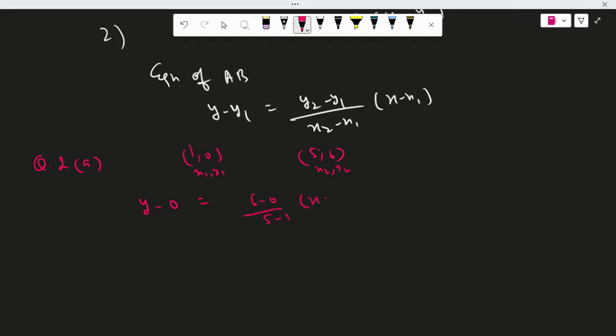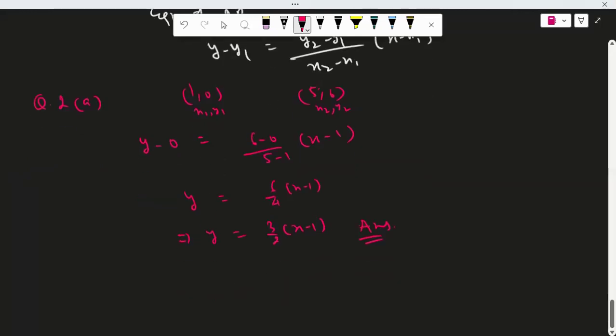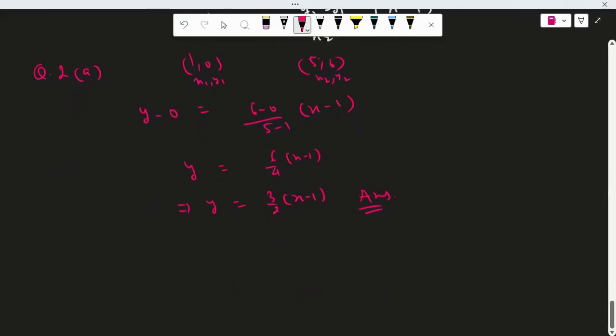So that becomes y equals 6 over 4 times (x minus 1). And further we can simplify. This will be the answer.